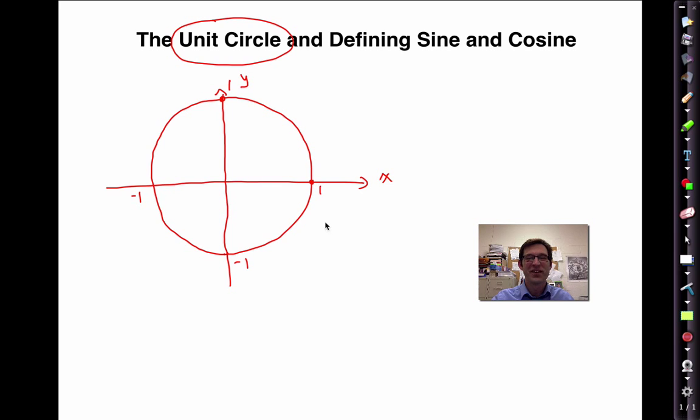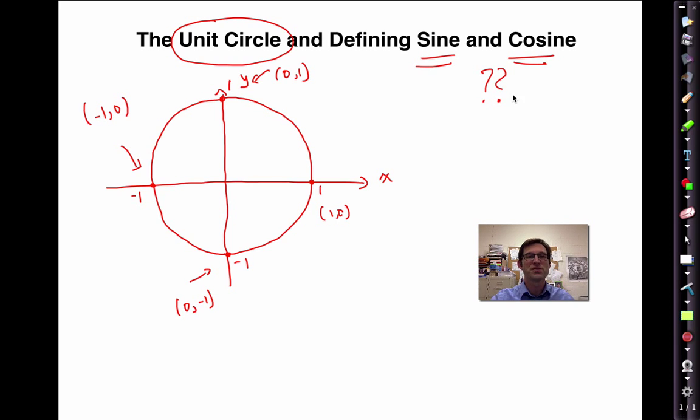The point over here at (1, 0), the point up here at (0, 1), the guy over here at (-1, 0), this thing right here at (0, -1). These 4 points. But what makes the unit circle so great in terms of the sine function and the cosine function? Why do we want to use the unit circle?